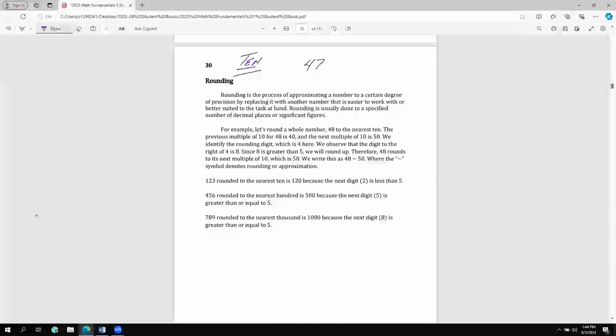The first thing I have to know is I have to understand the place value 10. And the 10 place value is the second spot. So for instance, it's the 4. Normally, what I'll tell students to do is the first thing in rounding is to underline the place value that they're asking you to round to. So if they're asking you to round to the 10, I tell students underline the place value that they're asking you to round to.